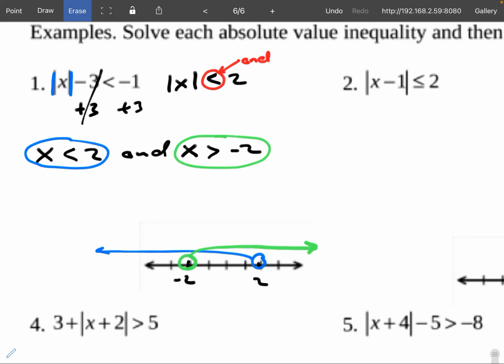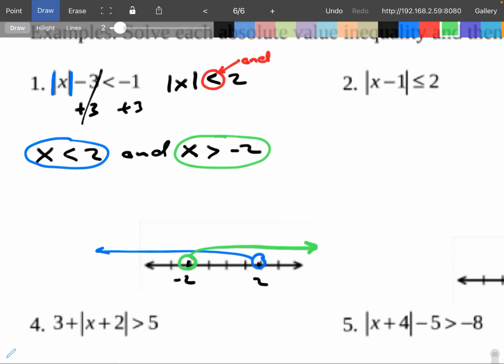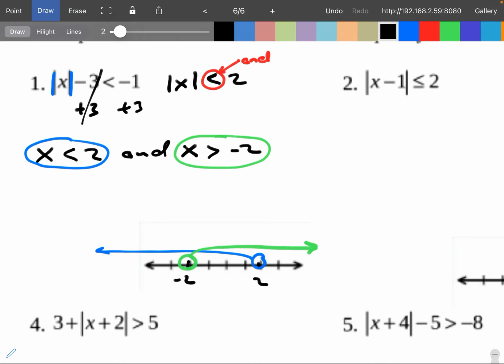Okay, well, we're looking for the intersection. I don't know if you can read that very well here, but that's what that says right there. So if we're looking for the intersection, we're looking for the double shaded part. So we're looking for the part that's blue and green. Where is that? Where's the part that's blue and green?